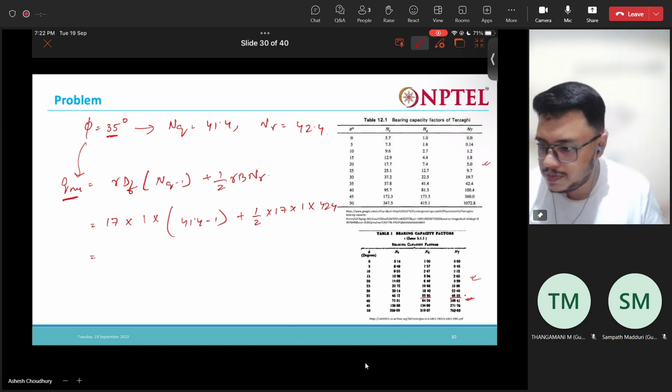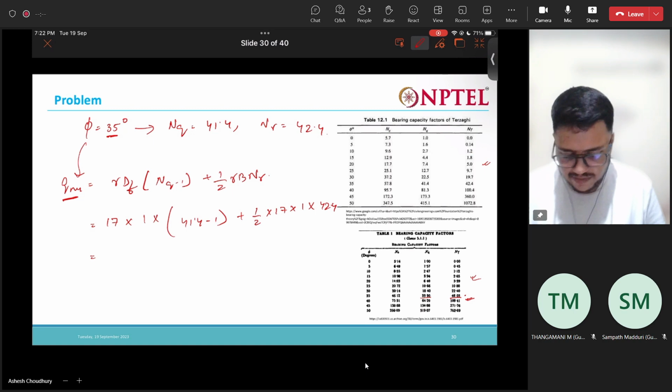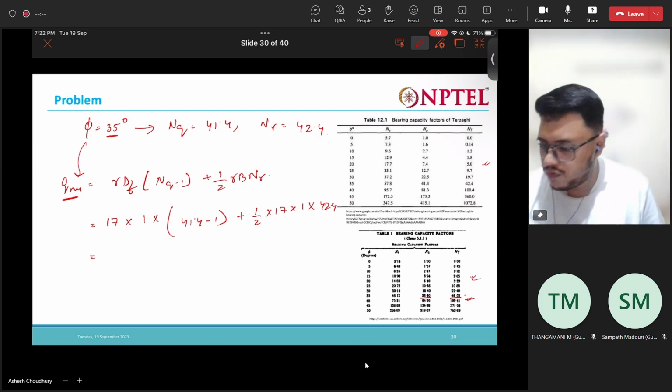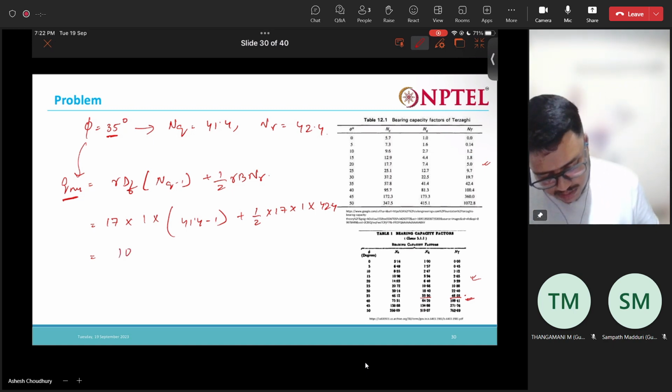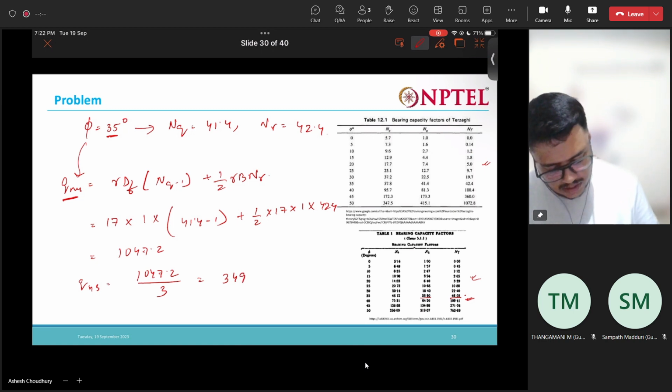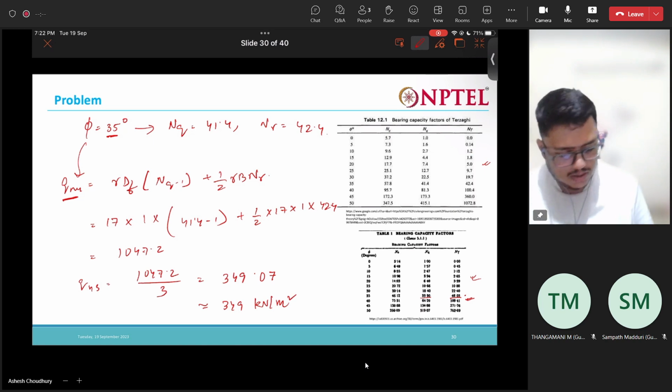So how much does it come? 17 into 40.4 plus half into 17 into 42 gives 1047.2. If we divide this by 3, we get the safe bearing capacity, let's say 349 kilonewton per meter square.